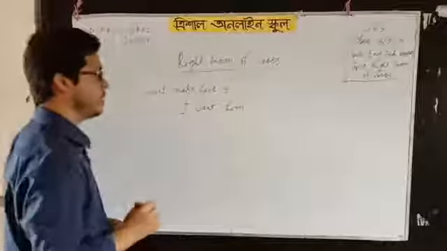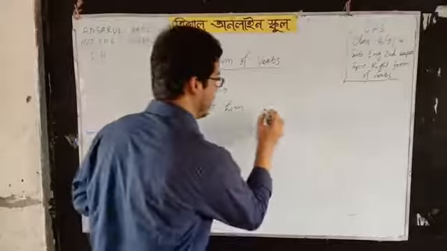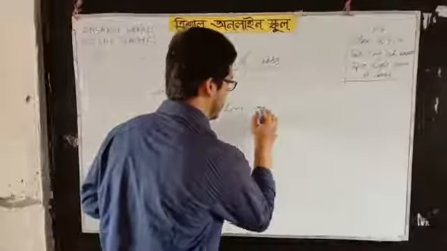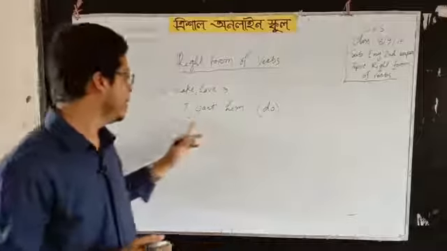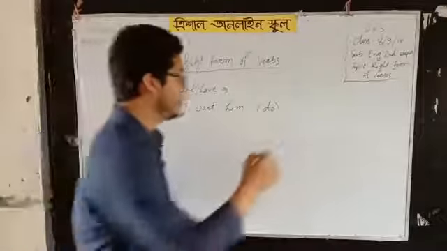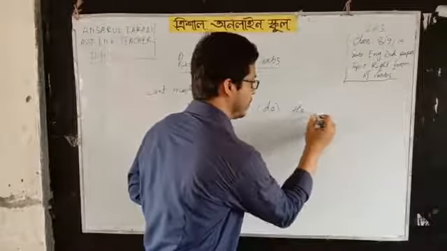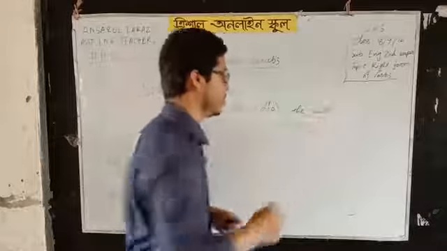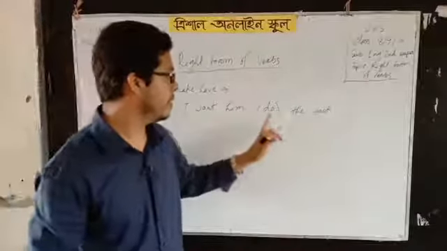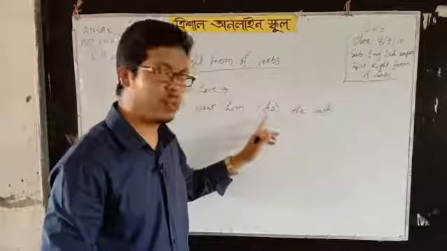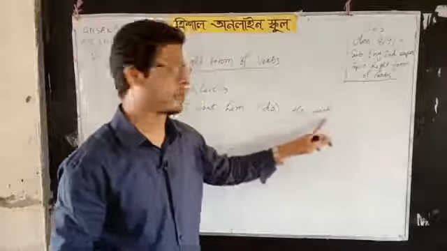I want him, and there is a gap. Notice, the verb do is coming here. So, I want him do the task. Look at the example. I want him, here there is a gap and do will come here, the task.